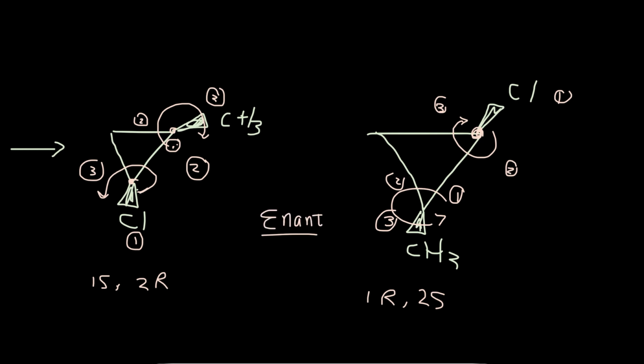Now, the trick that they try to play on you here is if you didn't write carbon 1, carbon 2, and then you just kind of horizontally compared, it looks like here it was S, and now here it's still S, and then up here it was R, and up here it's still R, so maybe these are identical.